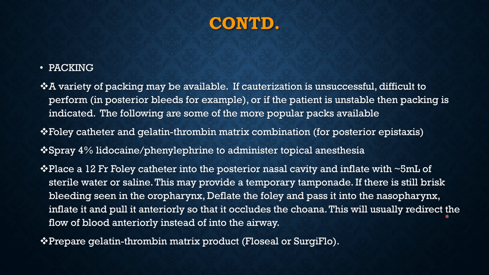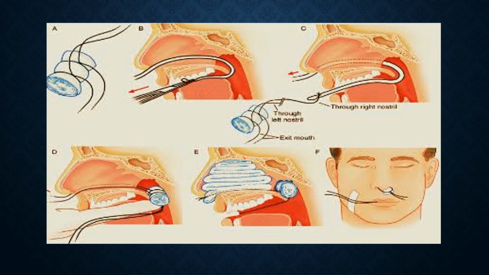This will usually redirect the flow of blood anteriorly instead of into the airway. Prepare gelatin thrombin matrix product. See here, you can see the Foley's catheter, how it has been inserted and then it has been deflated. So we can see a nose packing over here.